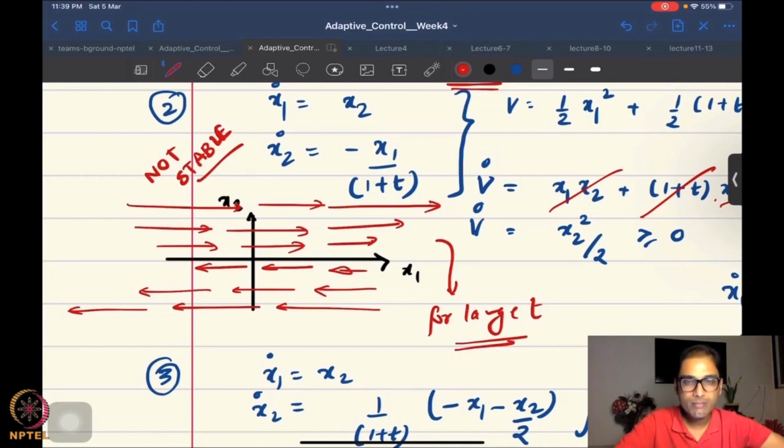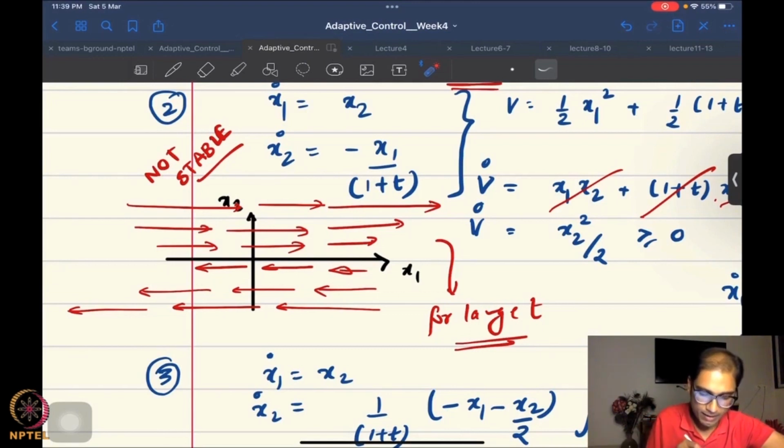Okay. But again, this is not conclusive evidence, because like I said, phase plane should not be used for concluding stability, because I cannot possibly consider all the cases. However, in this case, I have sufficient evidence to see that it is not stable, because I can at least see some initial conditions, some states which will end up at this x2, and then keep moving towards x1 equal to infinity, in the positive or the negative direction.